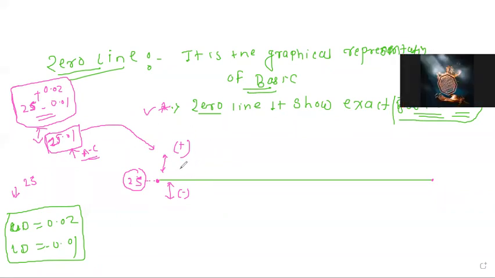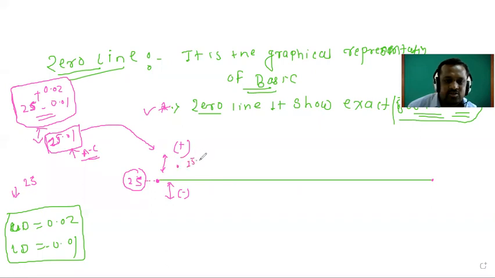Suppose again we get 25.02 actual size. Okay, now see, these are the deviation. म्हणजे ह्या बेसिक साइज पासून तुमचा actual size किती डिव्हाइड झाली, it is called as a deviation.